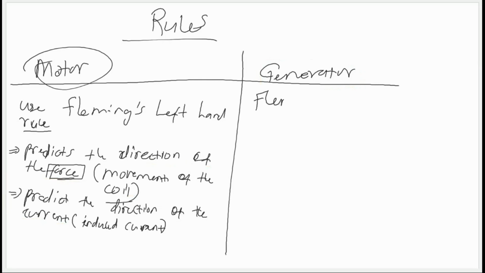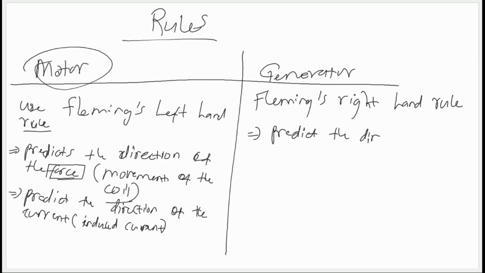So Fleming's right hand rule also can be used to predict the direction of induced current in the coil.